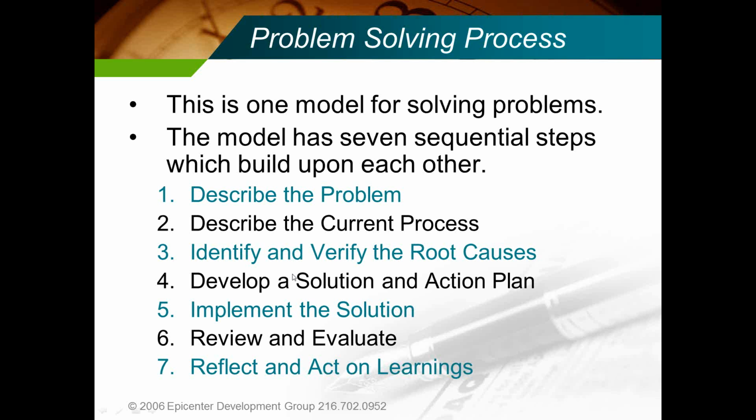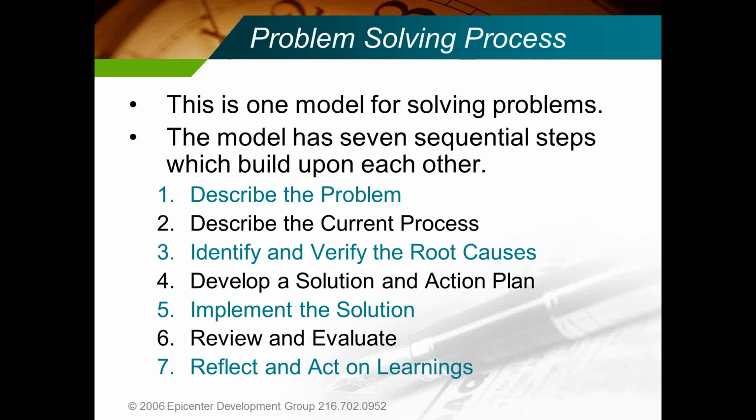Right. So I think a lot of people are doomed from the beginning because not only do they not describe the problem and come up with the root cause, but then they don't even implement the solution they come up with. So there has to be a follow-through. You're figuring out what the problem is, you're coming up with a real solution, and you're implementing it and making sure that the solution is actually working.